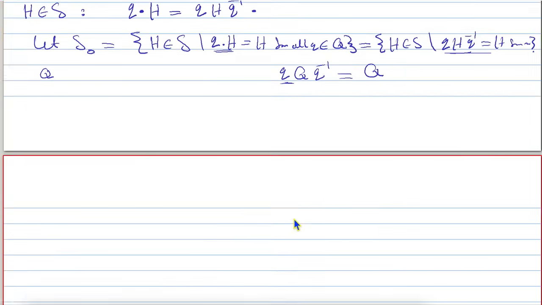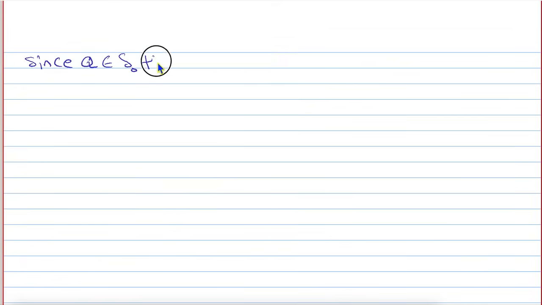Okay, so since Q is in S naught, then S naught is non-empty, and therefore we can consider elements in S naught without a concern that S naught will have no elements. So let's take a subgroup in S naught.